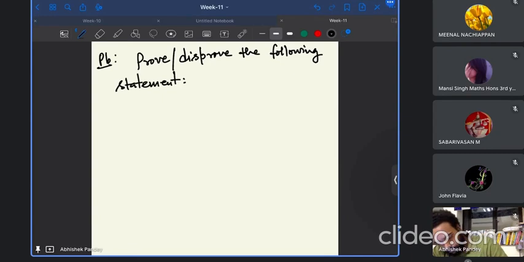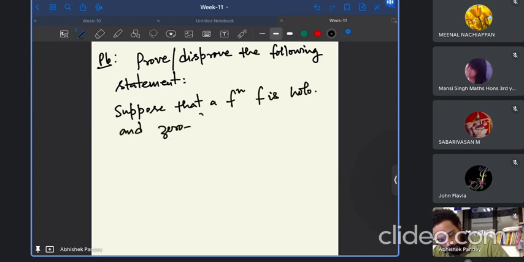So suppose that a function f is holomorphic and zero free, okay, in a domain omega.